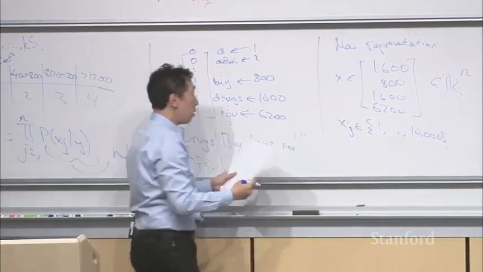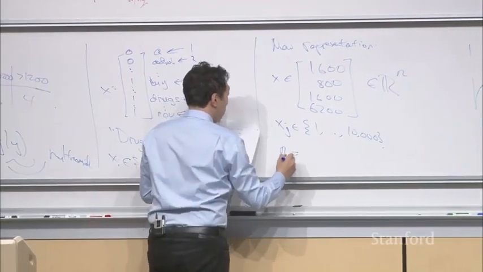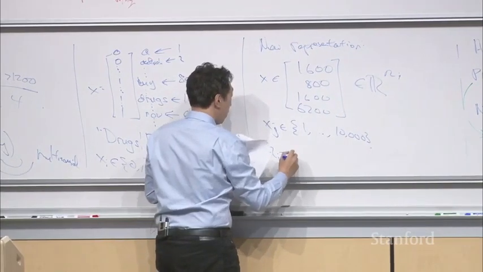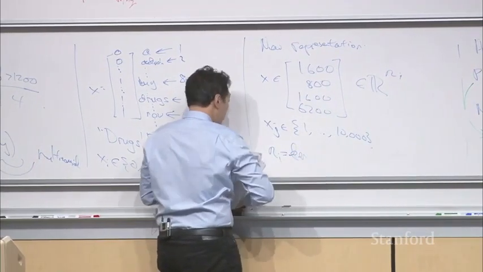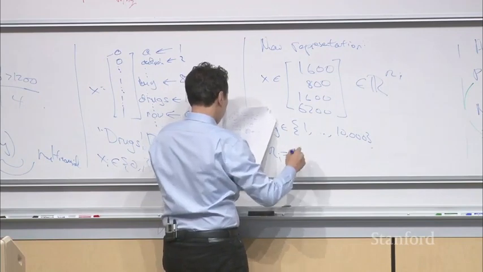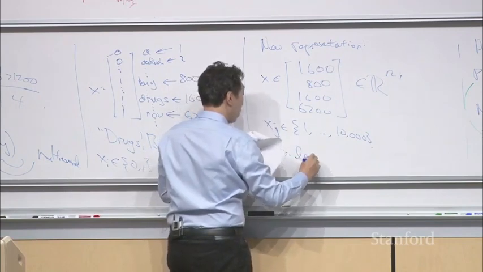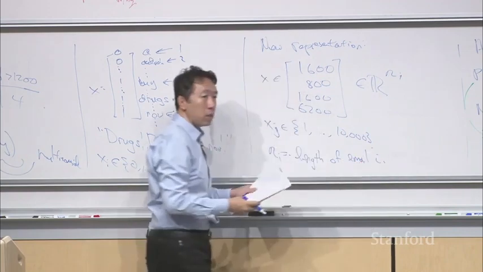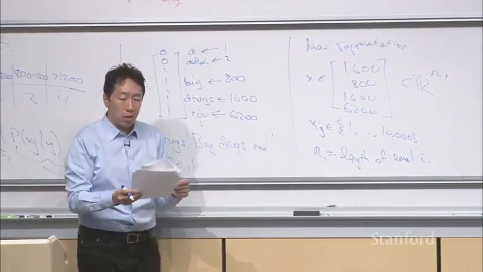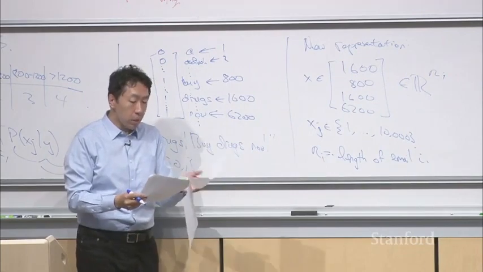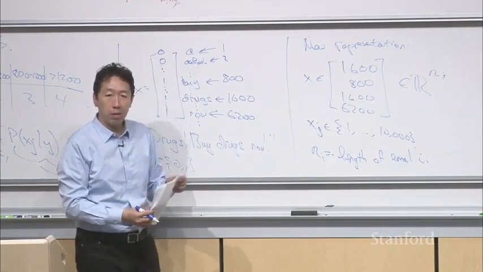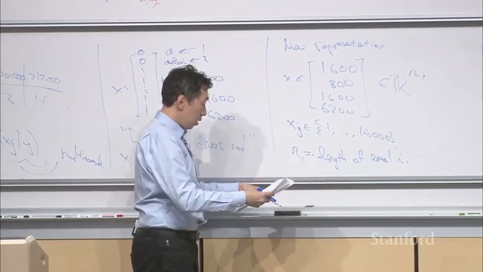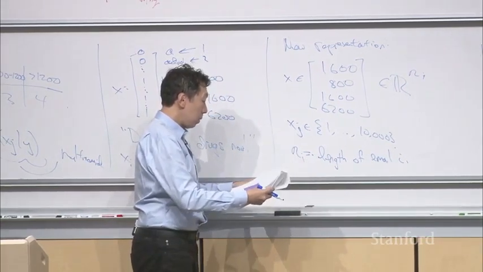Okay, and n varies by training example. So ni is the length of email i. So if a longer email, the feature vector x will be longer, and if a shorter email, this feature vector will be shorter. Okay.